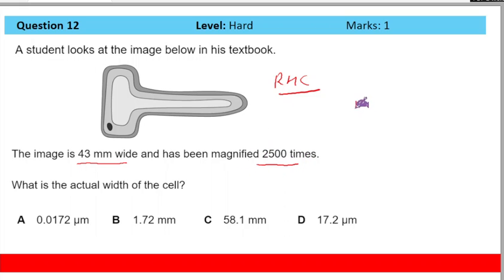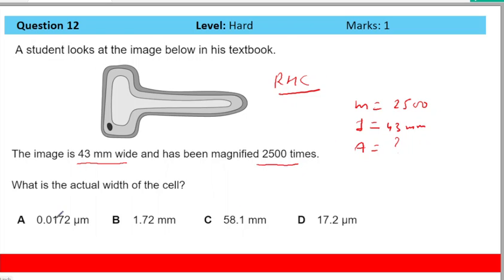So here you can see M is given as 2500, and this image size I is given here as 43 millimeter, and you have to find out the actual width.